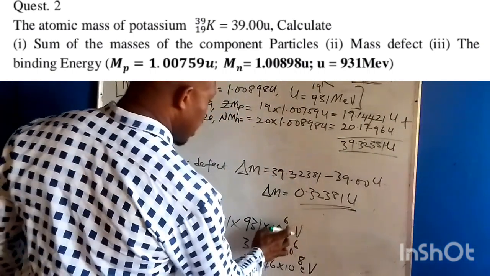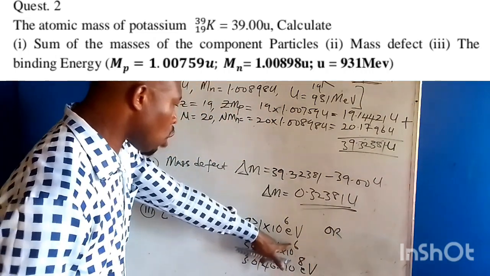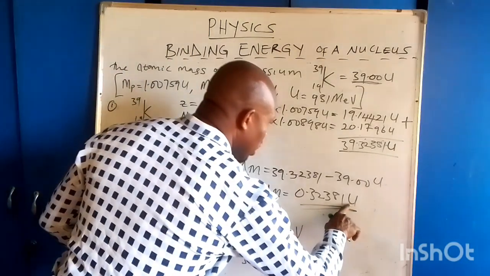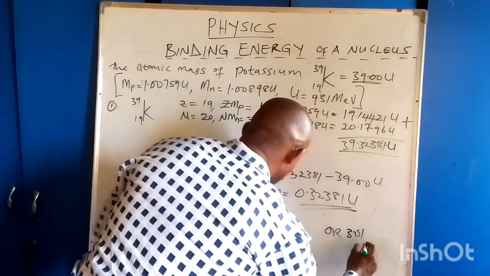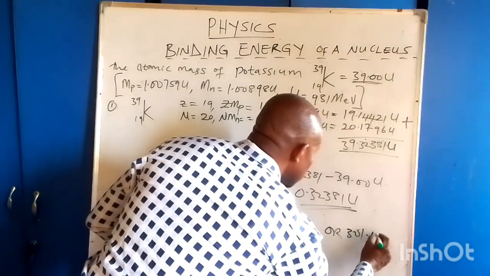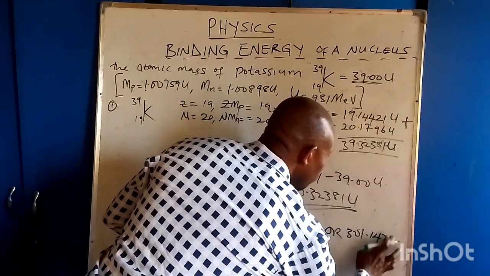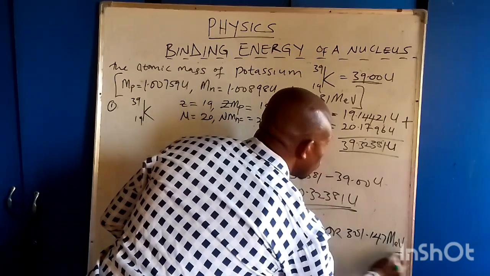Or we just have here, once we come to this place, we'll put 931 here. So if we put 931 here, multiply this thing by 931, it will give us 301.147 mega electron volts.